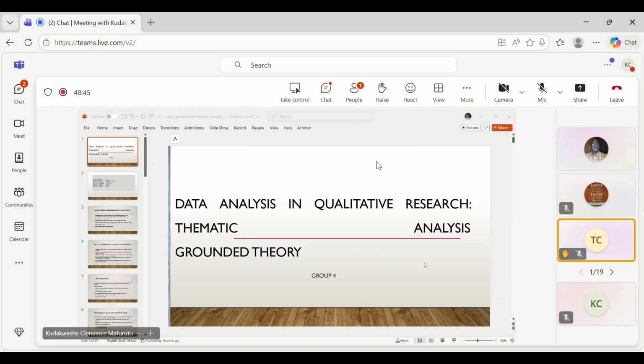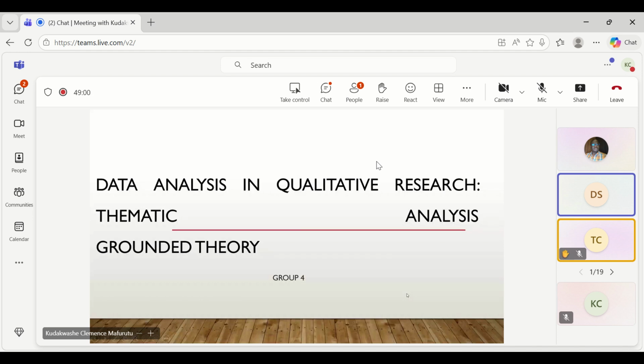Okay, thank you. I'm Danisa Svanda, presenting for Group 4. We are looking at data analysis in qualitative research, and we put much emphasis on thematic analysis and grounded theory. Kindly move to the next slide, sir. Those are our group members.